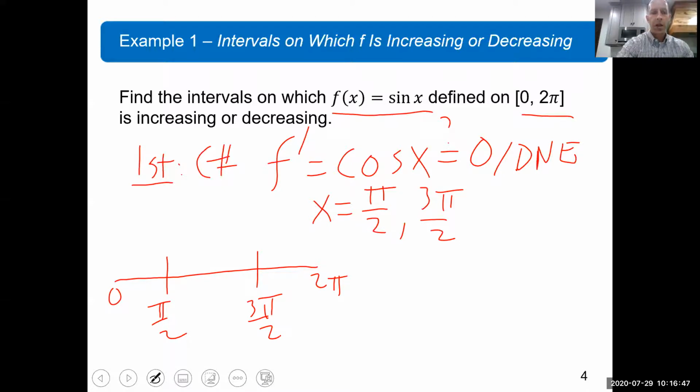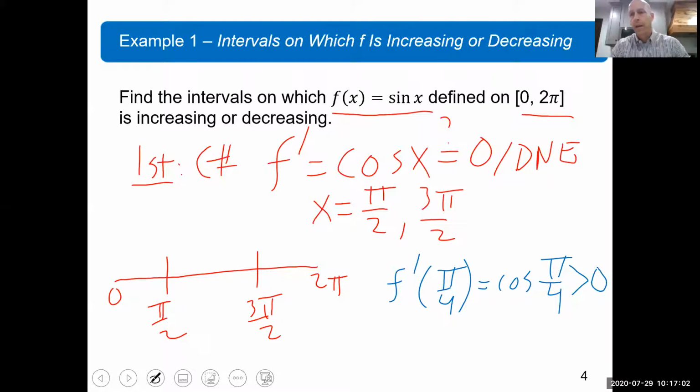So f prime of pi over 4 is the cosine of pi over 4. Well, what is the cosine of pi over 4? It turns out that it's a positive number. Hopefully you know what that is. I think it's a radical or something, but it's positive. So this is positive, and if that's positive, then based on our last theorem, we know that the function's increasing there.